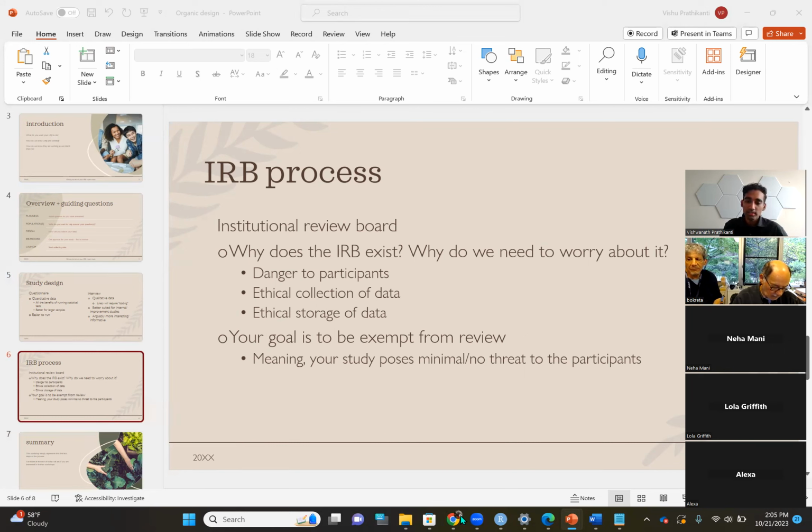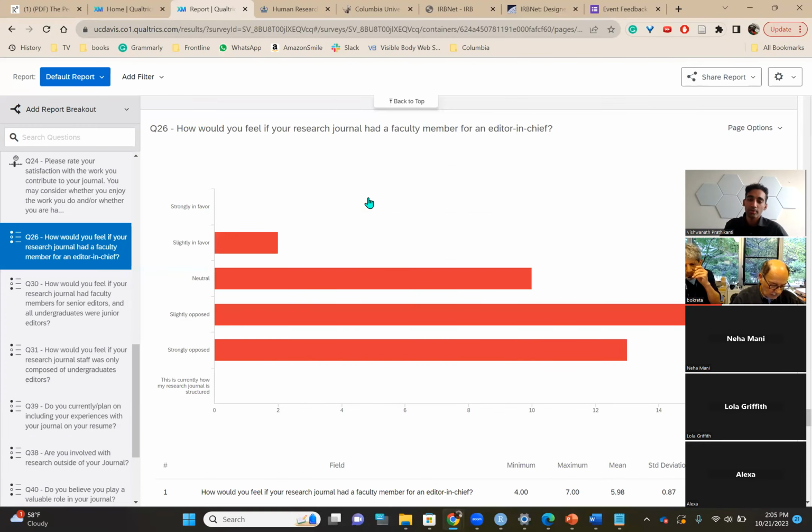So I guess next I want to go into what the IRB process actually looks like, because it sounds kind of scary, right? Like you're applying to be officially reviewed by some board and your study is going to be scrutinized.